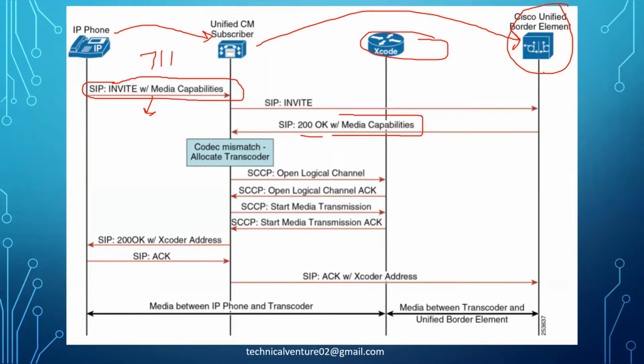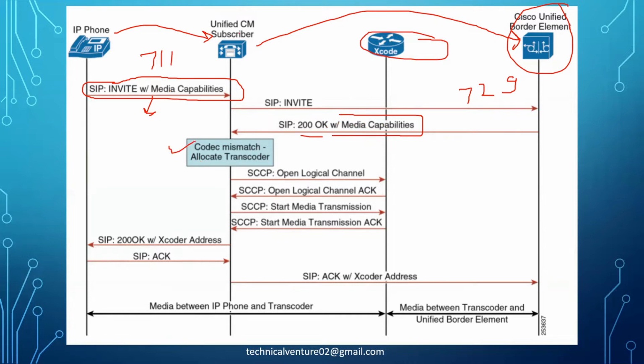Like if the CUBE is using only G.729, then this CUBE will send in this 200 OK message the G.729 codec in its media capabilities, so that it reaches this subscriber and it will see that this IP phone is using G.711, but the CUBE is using G.729. So we are not able to communicate, as it is showing codec mismatch.